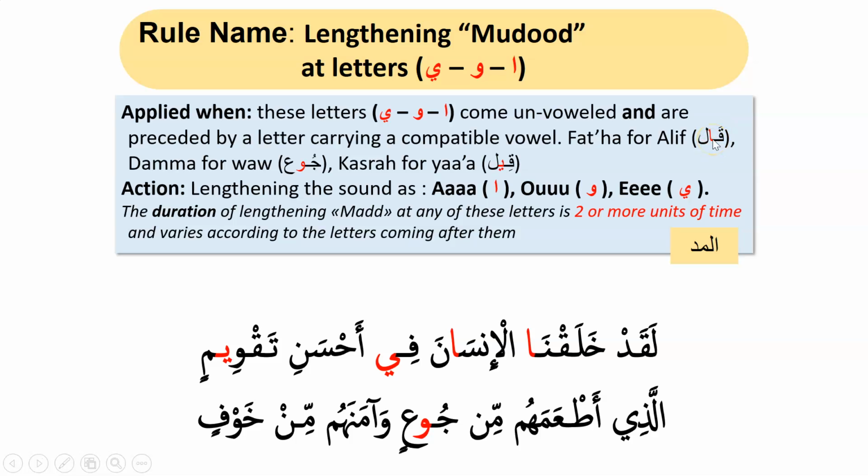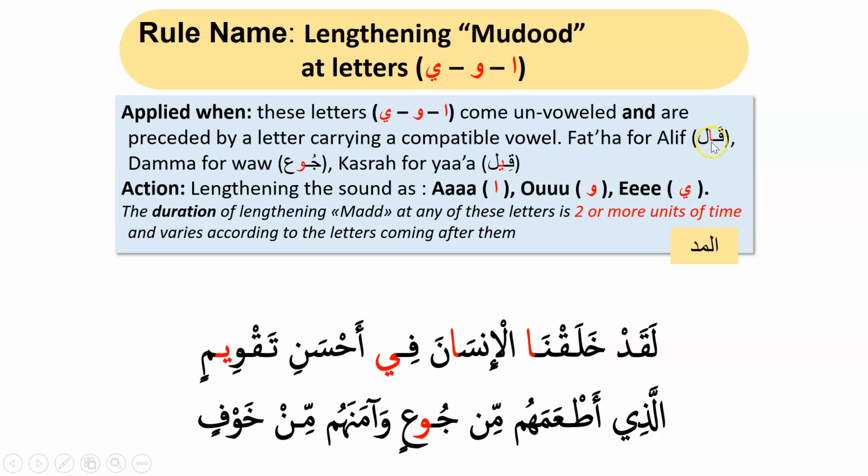But the second condition tells us that it should be preceded by a letter carrying a vowel that's compatible with alif. We told you what the vowel compatible with alif is: fatha. Does qala fulfill these two conditions?